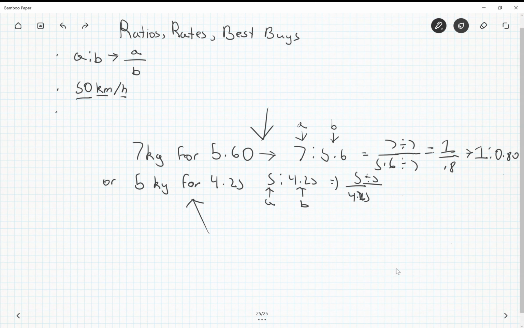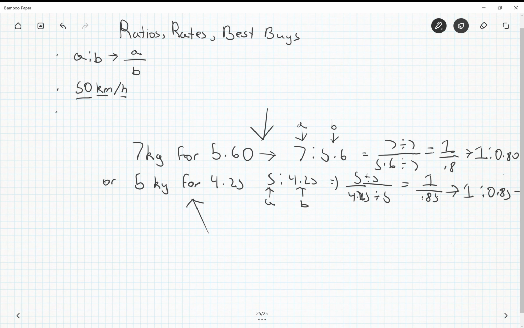Okay, so 5 divided by 5 and 4.25 divided by 5. Now, if you do your calculations correctly, you would find that the answer is 1 over 0.85, right? So now we put this back into a ratio form, and we would find 1 kg equals $0.85.